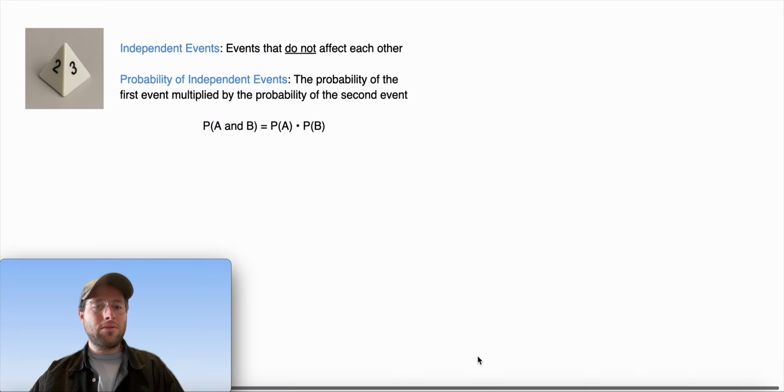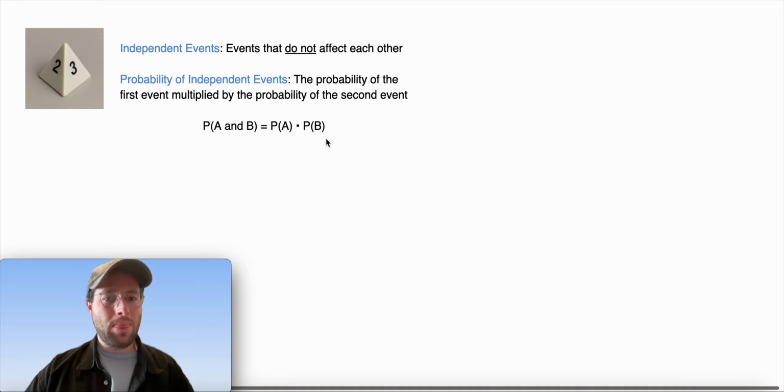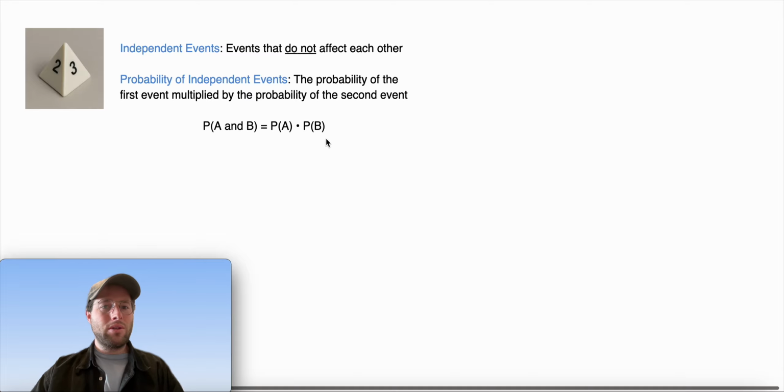In symbolized form, the probability of A and B equals the probability of A times the probability of B. Let's note that if two events are independent, then this must be true: the probability of A and B is equal to the probability of A times the probability of B.